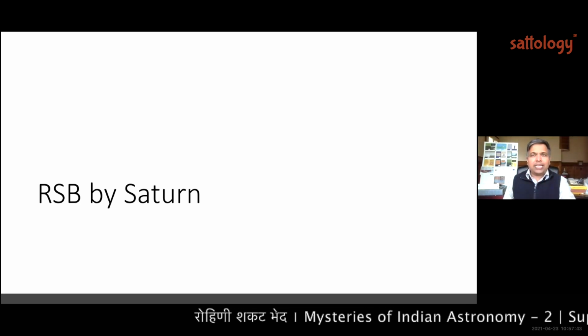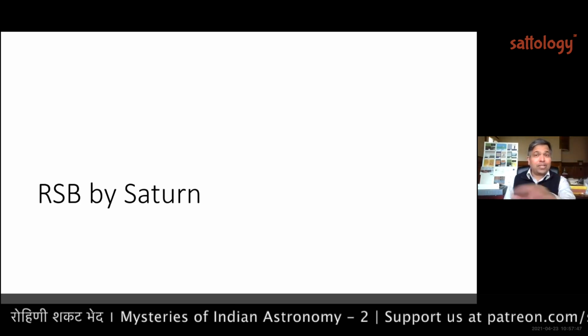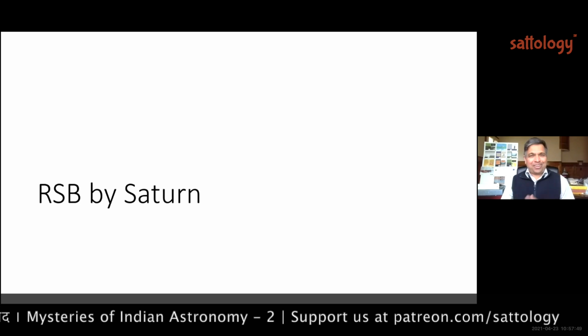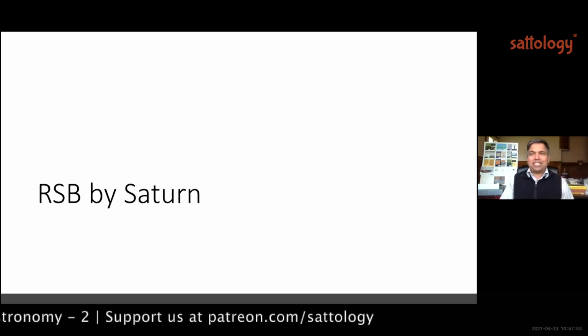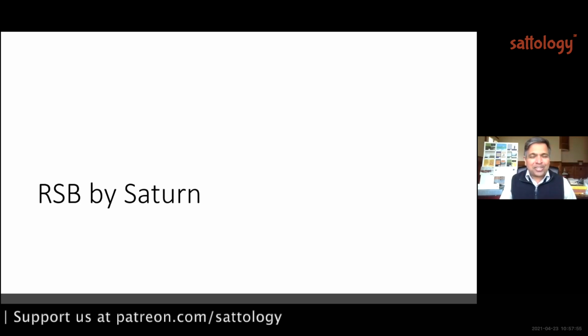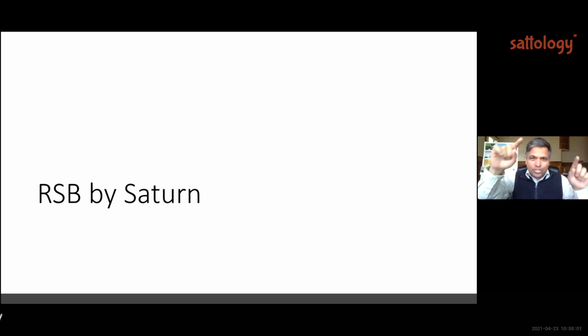Then Chandra Hari modified the definition. That is like what you call a straw man. Not a fallacy, but he essentially changed the definition of a Rohini Shakata Bhed. What does Rohini Shakata Bhed mean? That the star, or the planet, sorry, Mars or Saturn has to come inside this V. He changed the definition.